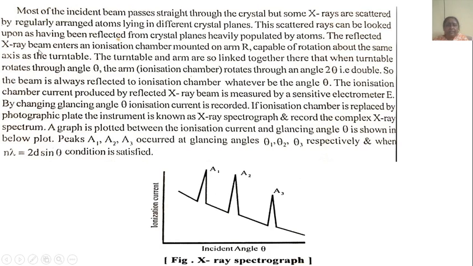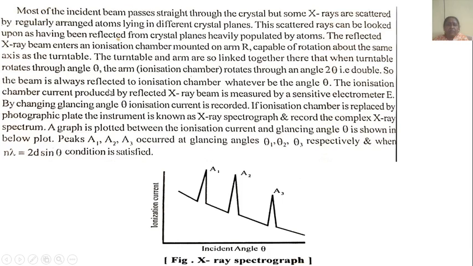The reflected X-ray beam enters an ionization chamber mounted on arm R, capable of rotation about the same axis as the turntable. The turntable and arm are linked together so that when the turntable rotates through an angle theta, the arm with the ionization chamber rotates through an angle 2 theta, that is double.